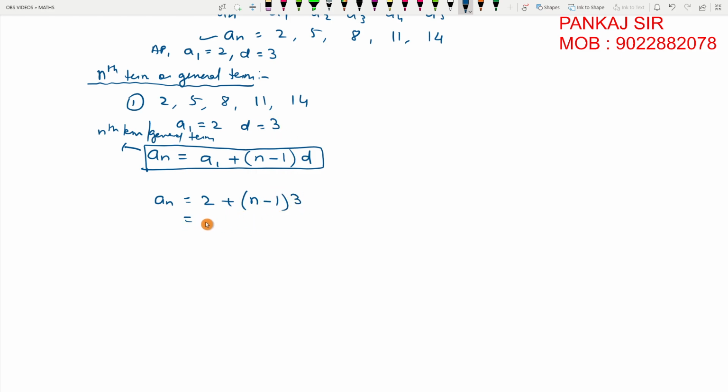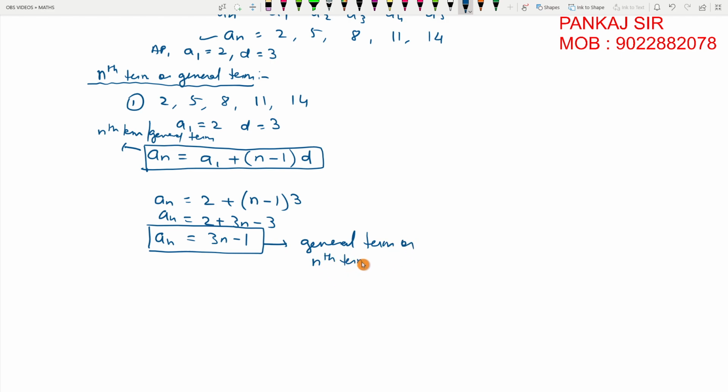Now if I work this out, this will be 2 plus 3n minus 3, which gives me 3n minus 1. So can you see I'm getting an is equal to 3n minus 1. This particular formula is known as the general term, or the nth term, of this sequence.